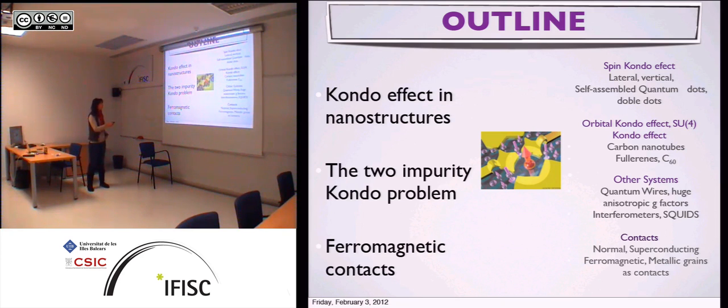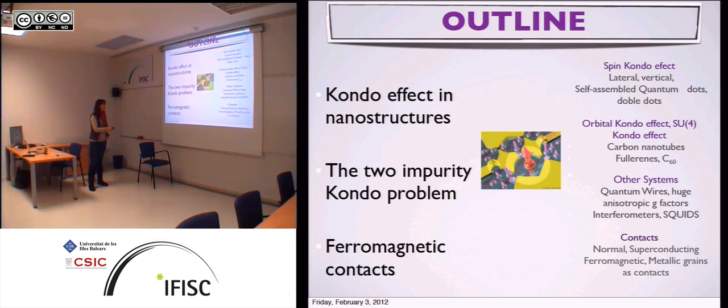Usually we talk about the spin Kondo effect in many different systems: lateral, vertical, quantum dots. We also very recently discovered that the Kondo effect can appear not only in the spin sector, but also in the orbital sector, in carbon nanotubes, in fullerenes, in many graphene-based nanostructures.